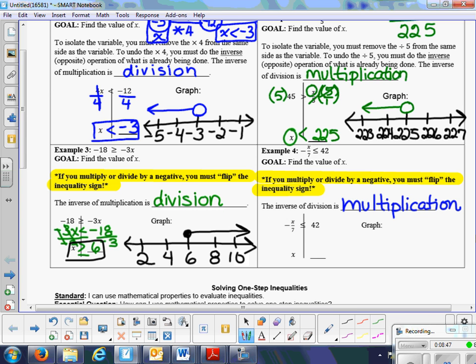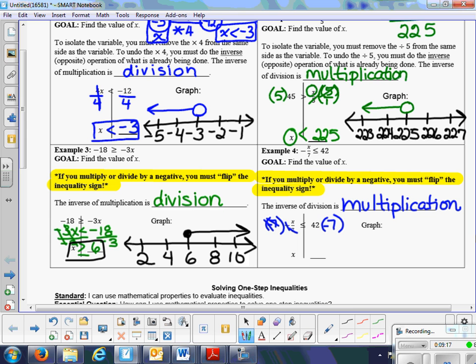We don't want to end up with a negative sign in front of our variable because that means the opposite of x. We're not trying to find the value of the opposite of x, we want to find the value of x. That means we're going to need to multiply both sides of this inequality by a negative 7. Because a negative times a negative, of course, is going to give me a positive. So my negatives cancel each other out. And then I can also cross simplify on my 7, which leaves me with just x.